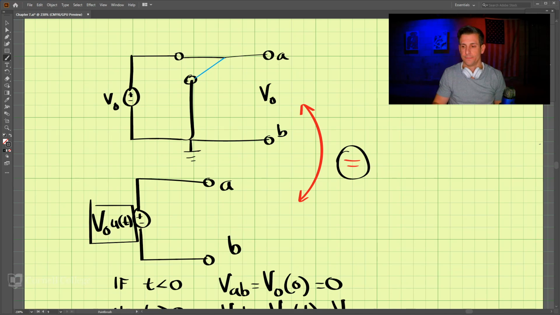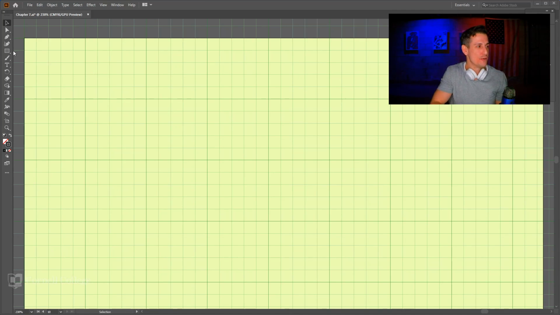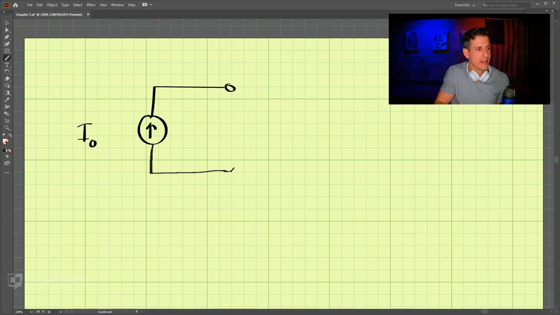We can also use the unit step function for current. So if we have a current source, I naught, and we have terminals A and B, and we're looking at the current here. And if we want, we can put a resistor in between here. It doesn't matter.